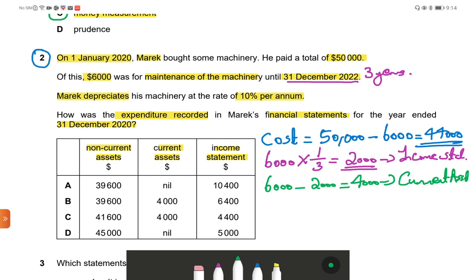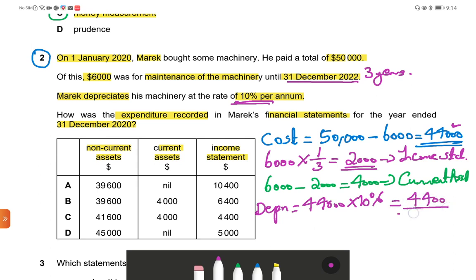Next, depreciation. Here the depreciation is 10% per annum. They have not mentioned which depreciation method, so you follow the straight line method. In the straight line method, we calculate depreciation on the cost. What is the cost here? 44,000. So depreciation is 44,000 multiplied by 10% is equal to 4,400.